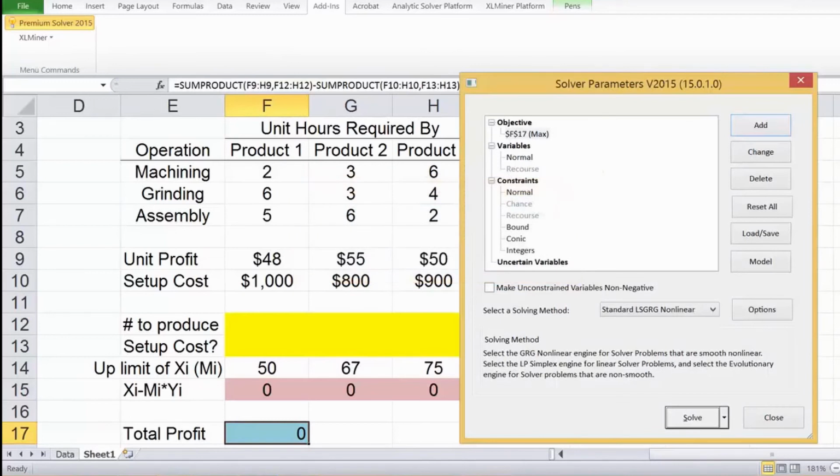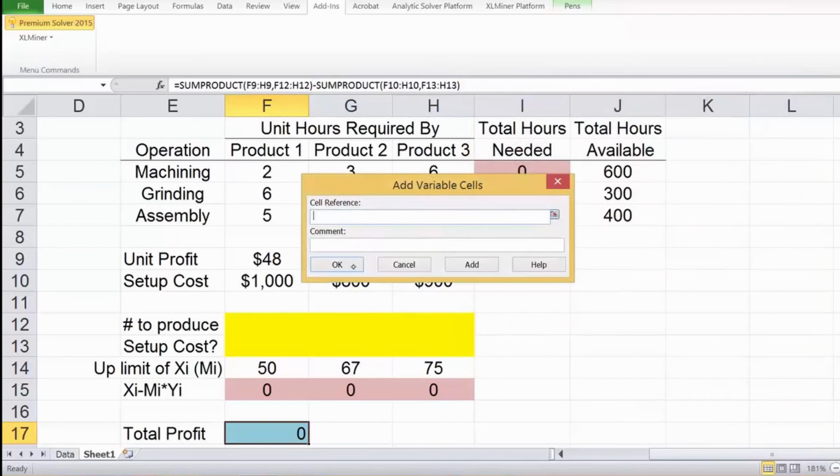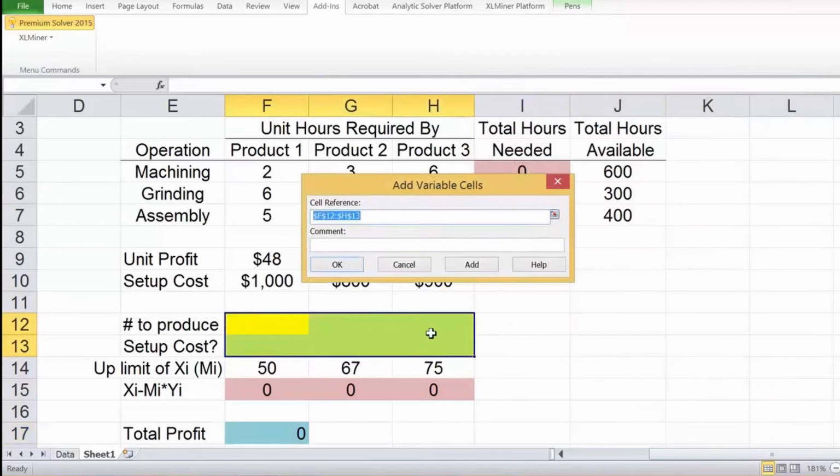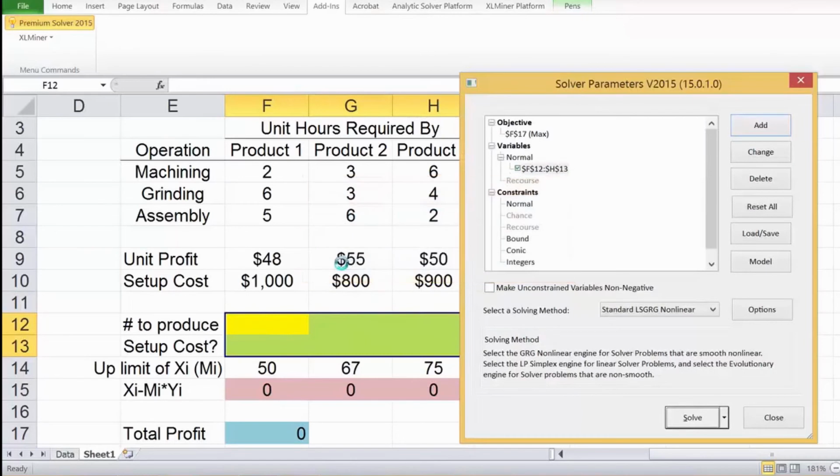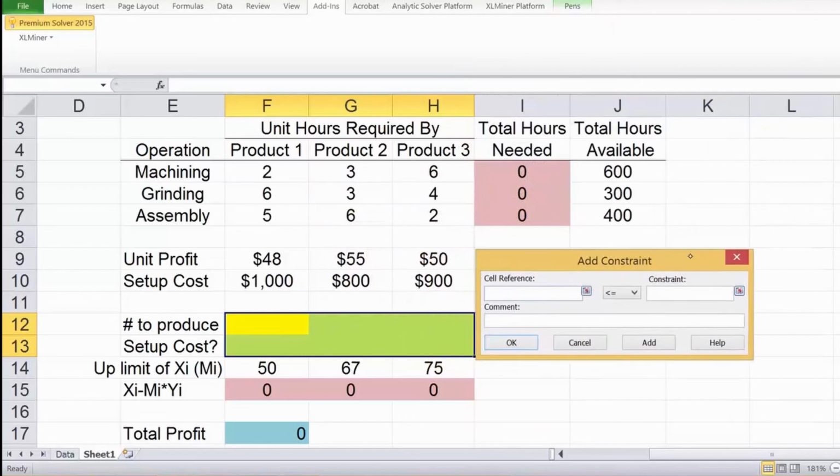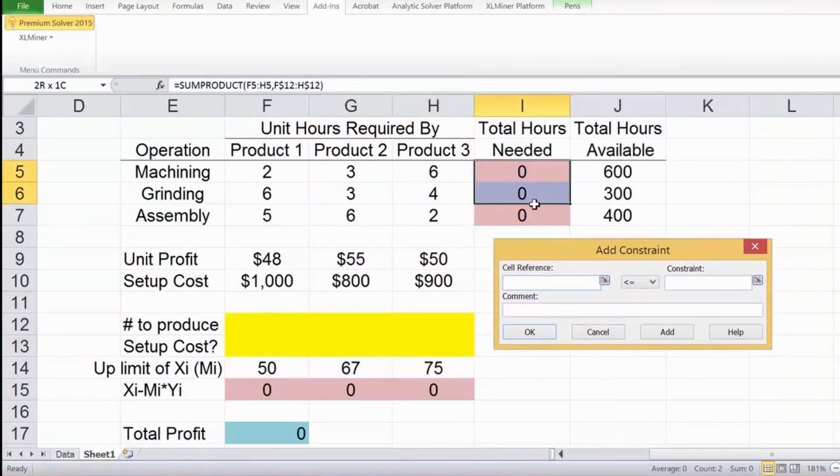For the variables, we need to add both rows, the xi's and the yi's. Constraints: the first group will be resource needed less than or equal to resource available.